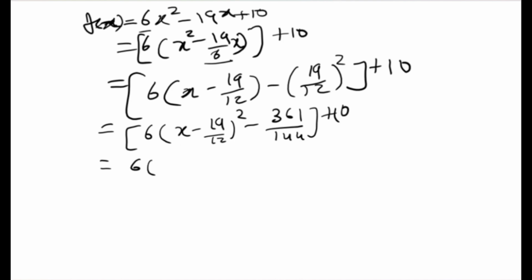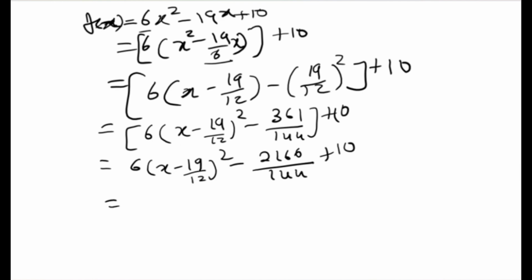Open bracket, 6 into x minus 19 over 12 squared minus, this multiplied by 6 is giving me 2166 over 144 plus 10. When you simplify, x minus 19 over 12 squared gives you minus 121 over 24. You can use a calculator for all this simplification.